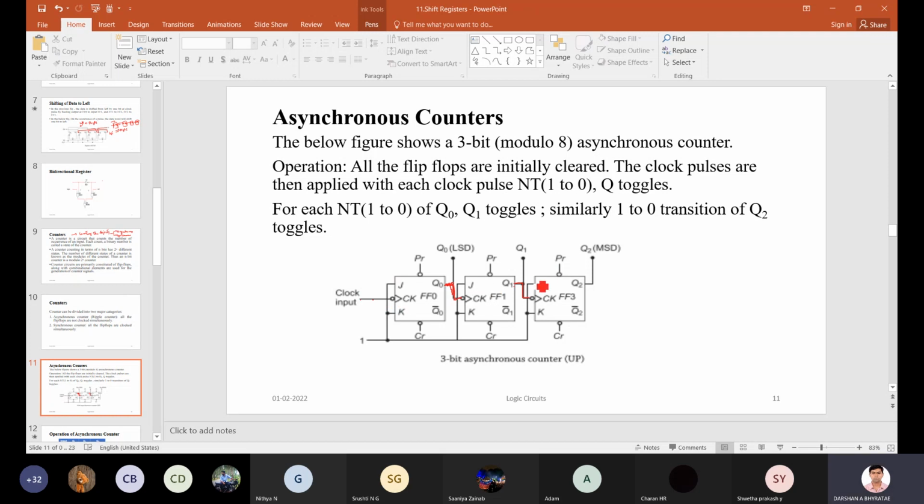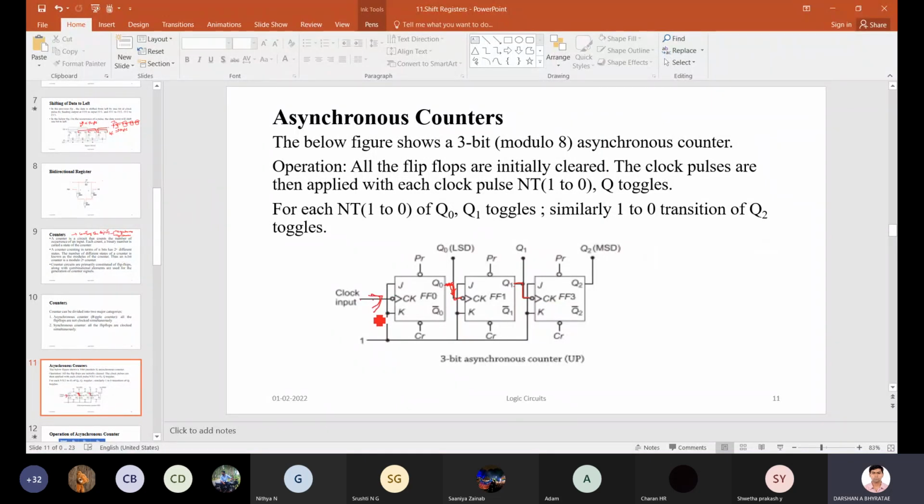But in the second and third stage, what I am doing? I am connecting the output of the first stage to the clock input of the second stage. Similarly, the output of the second stage I connect to the clock input of the third stage. So here I am applying the clock signal only for the first stage.